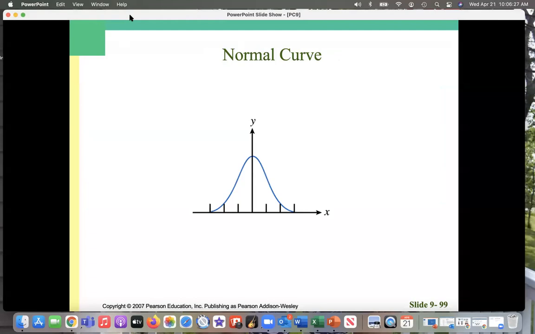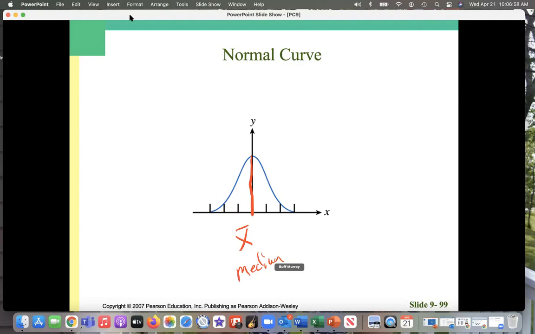Now, a normal curve, the spread, I should say, is based off of the mean and the standard deviation. Basically, for a normal curve, this value right here should be our mean, which is also our median.